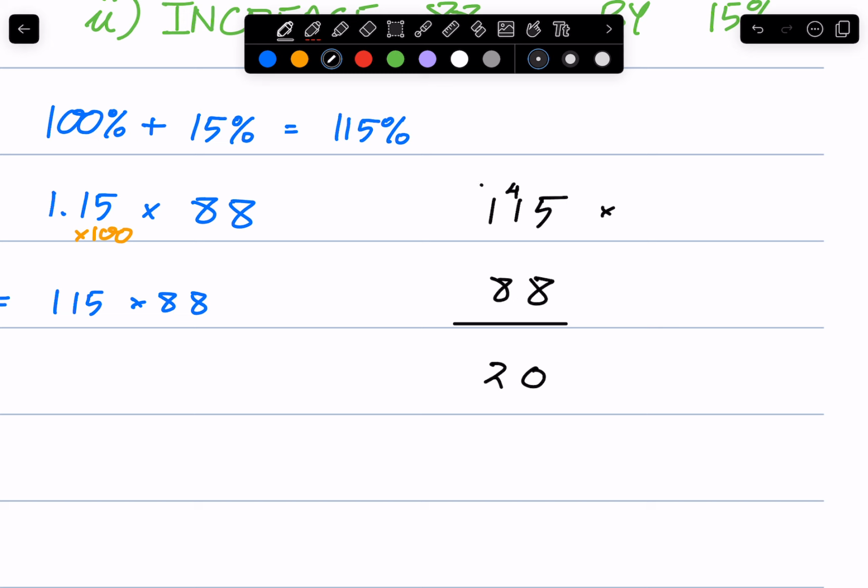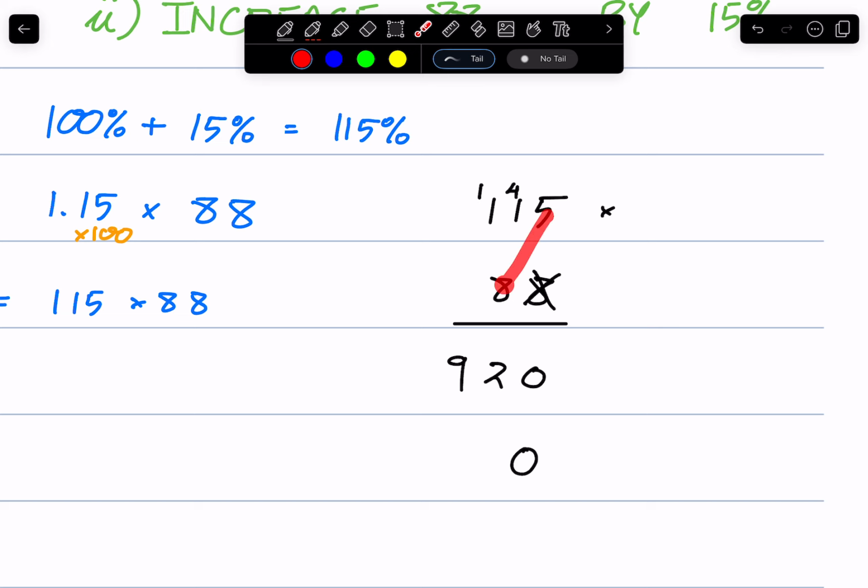So we put 1 and 2, that's 12. And then 1 times 8 is 8, plus the 1 gives us 9. We are finished working with the 8, and now we are working with this 80. So we need to put a 0 for the 80, and then we repeat the method.